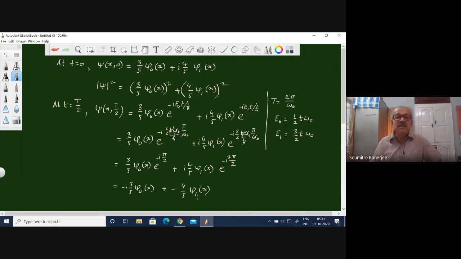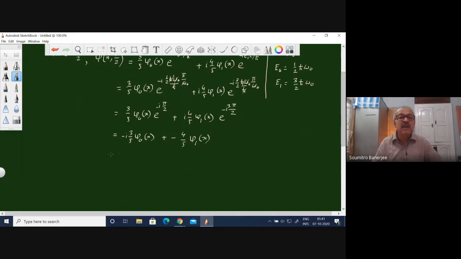So again, you see that the mod psi square is again the same thing. It is 3 by 5 psi naught x square plus 4 by 5 psi 1 x square.